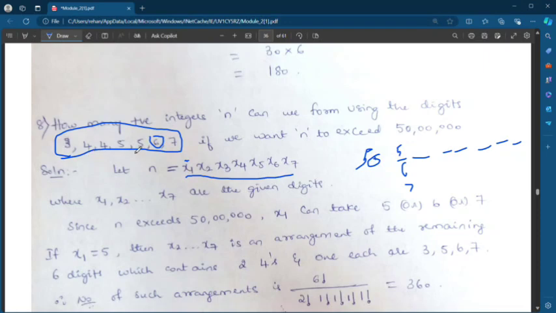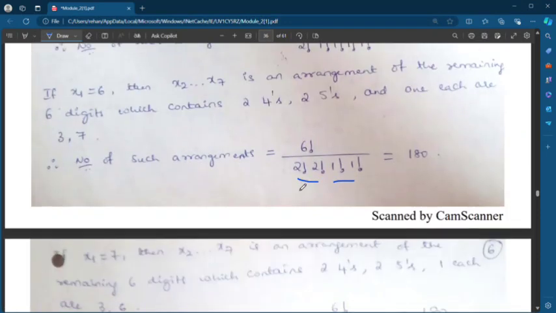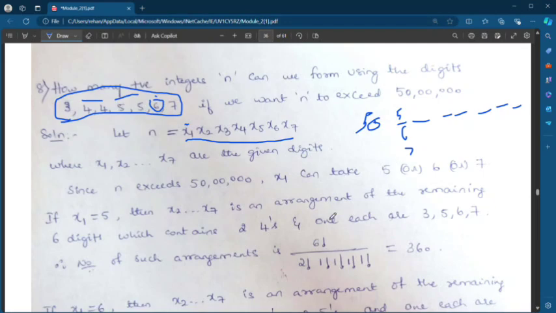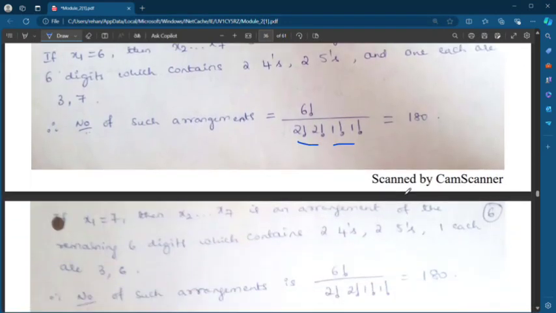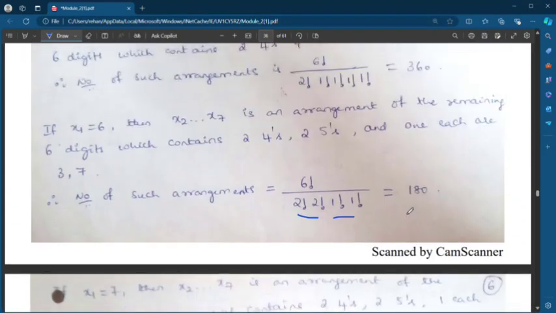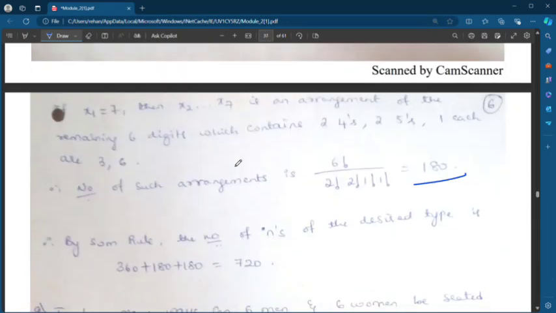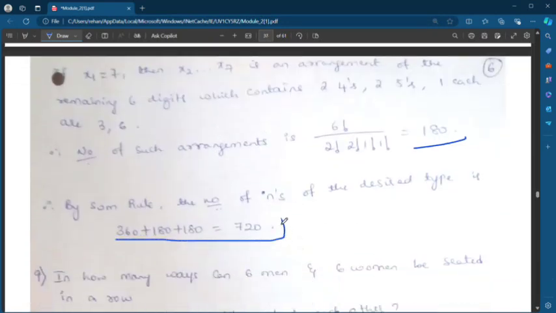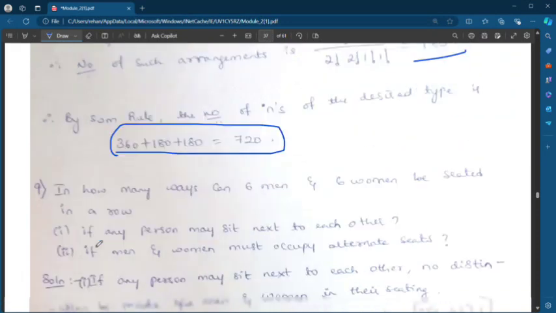So you got 3 numbers: first 360, then 180, again 180. Now you just have to add all these numbers. That will give you the total number of arrangements greater than 50 lakh.